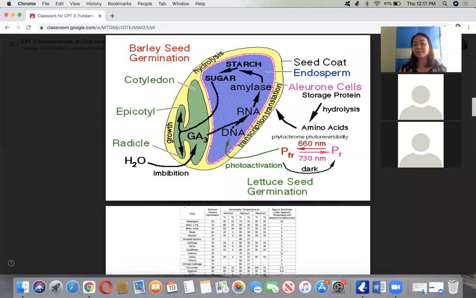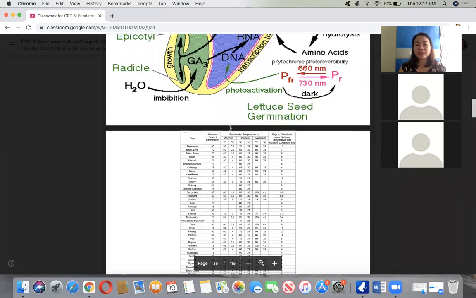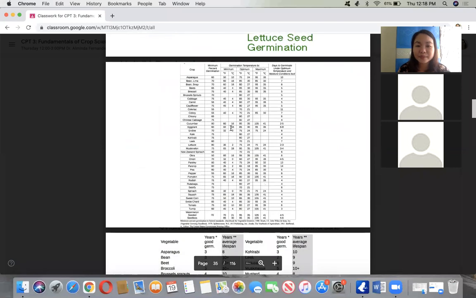Once the endosperm produces sugar, it will make the embryo grow, so the epicotyl and radicle come out. That's the main difference between barley and other crops, and lettuce. Lettuce needs light unlike the rest of the crops. I hope you get it. Okay, ma'am.